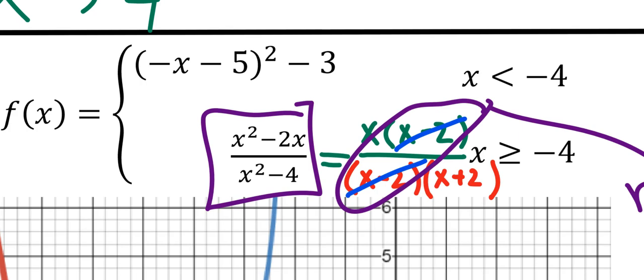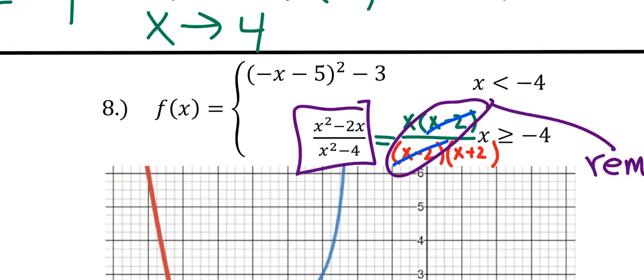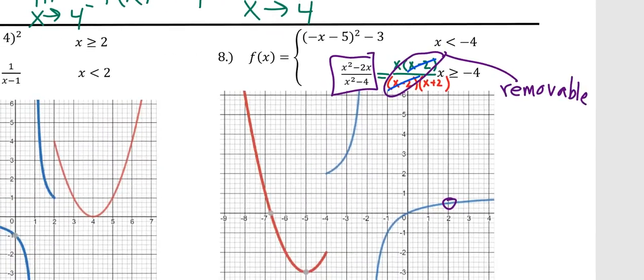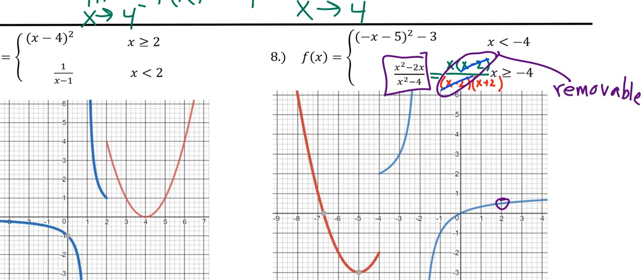That's when you know you're going to have something going on that's got a removable discontinuity in it. That's why I told you the first equation was kind of boring, because you're not going to get any kind of removable ones in that. It's just a plain old parabola.